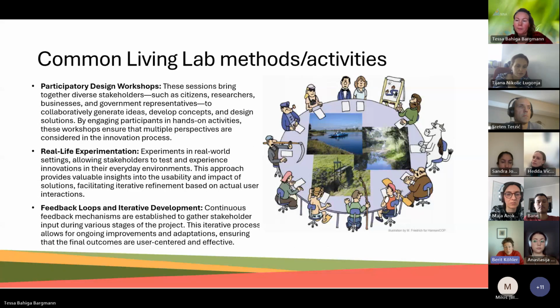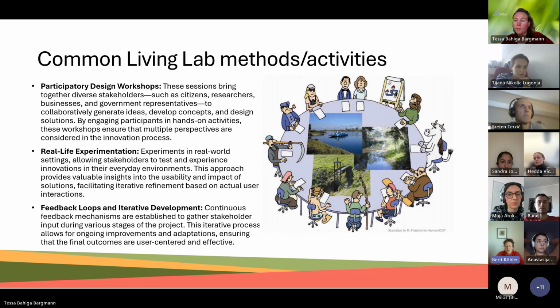It would be probably useful for you to know what are such common living lab methods or activities then. So to get people to sit around the table like the stakeholders you see here in this graph, this illustration, that could be such a participatory design workshop, right? Here as the first activity.